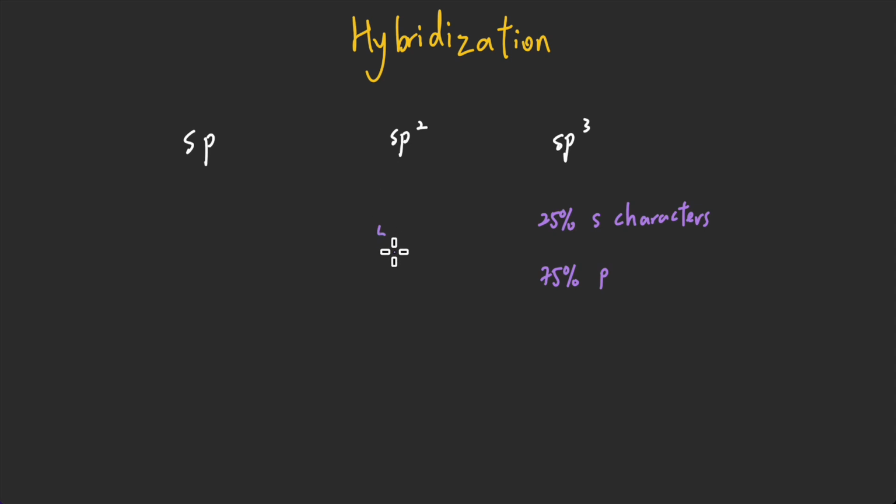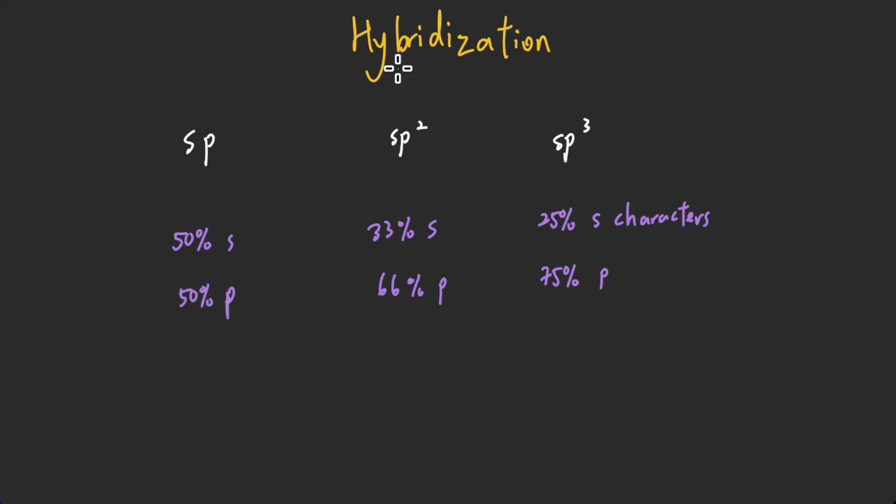The sp2 contains about 33% s character and approximately 66% p character. And sp possesses 50% s character and 50% p character.